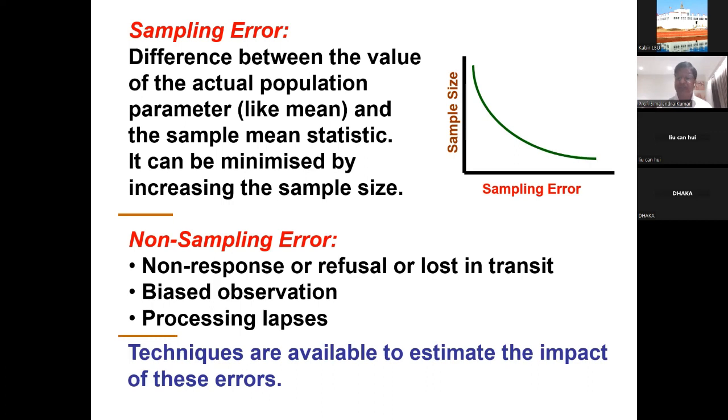And then processing lapses: the technique, the tools or the research labs through which you are working may also carry a probability of error. Techniques are available to estimate the impact of these errors also.